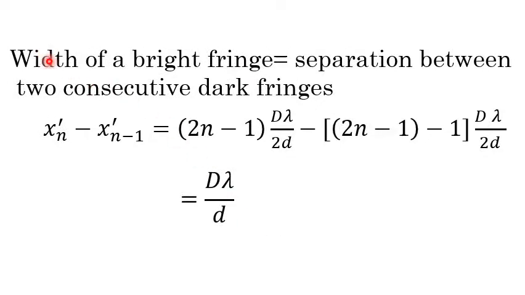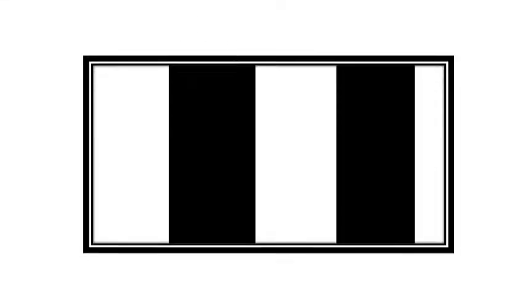Now let's find the width of the bright fringe. The width of the bright fringe equals the separation between two consecutive dark fringes. Let us say we will try to find the width of this bright fringe. This is your first dark fringe, this is your second dark fringe, and this is your first bright fringe.